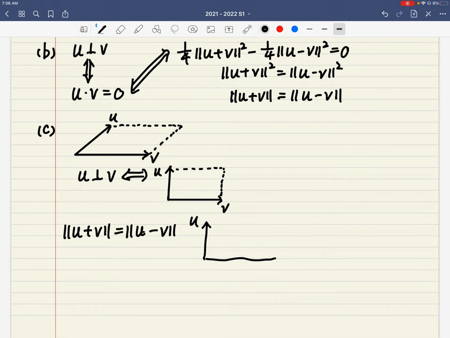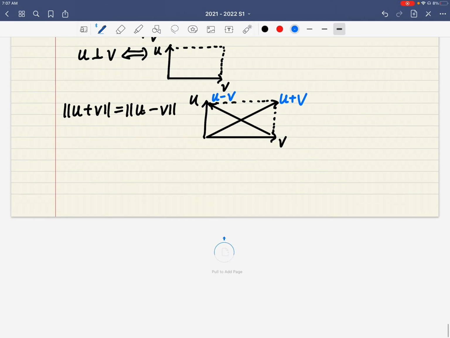This is U, this is V. So U plus V is this vector, and U minus V is this vector. These two vectors are the diagonals of this parallelogram.